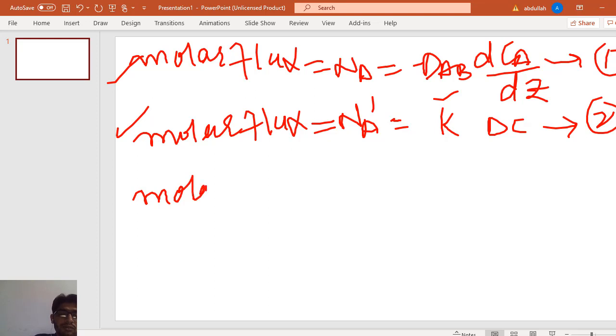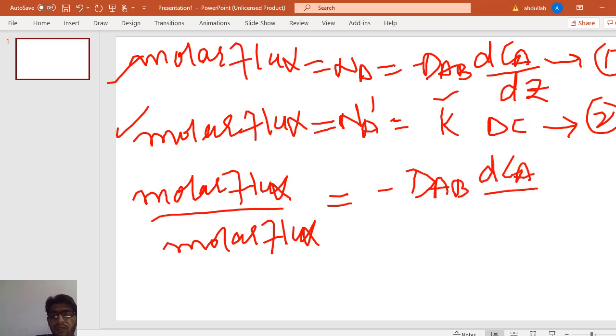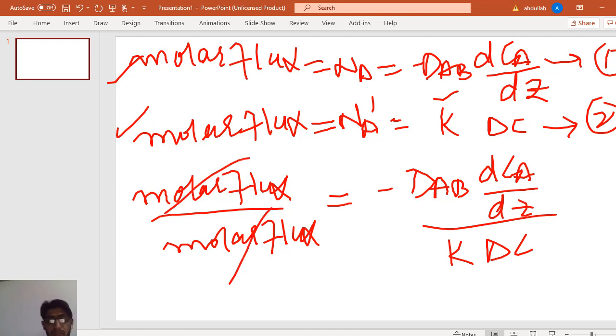Now divide equation 2 by equation number 1. Molar flux will be equal to minus DAB dCA by dZ. This will be equal to K change in the concentration. So this cancels with this.